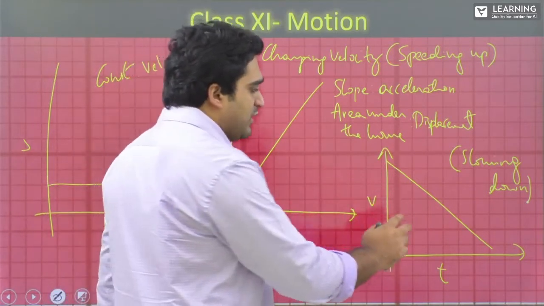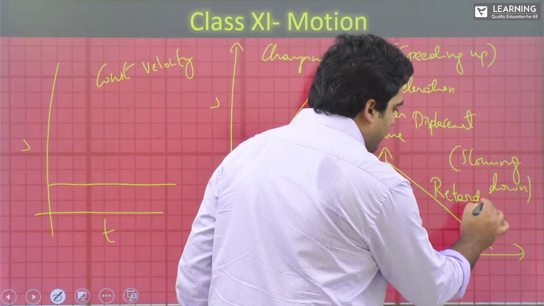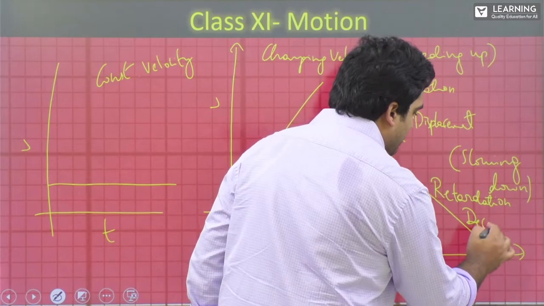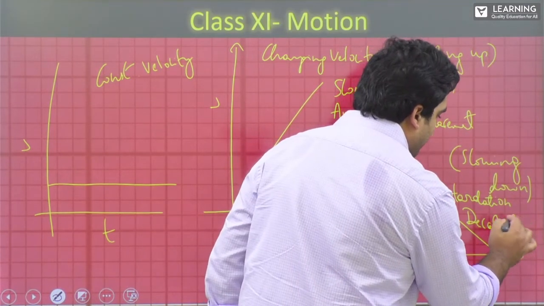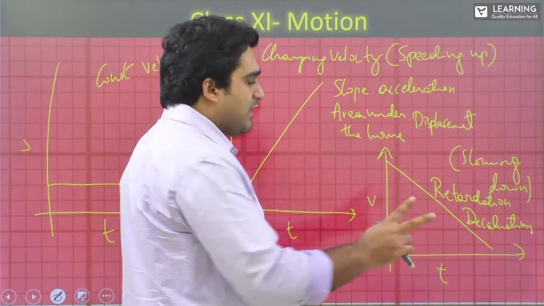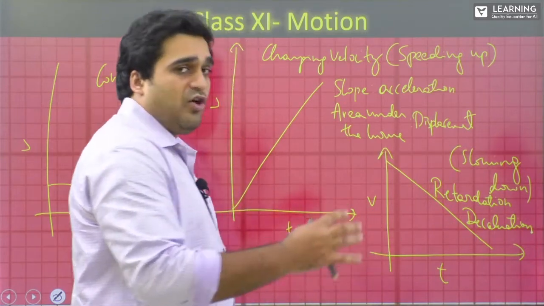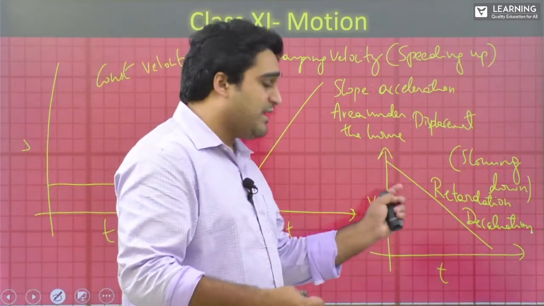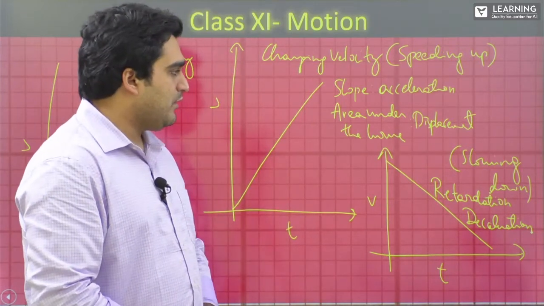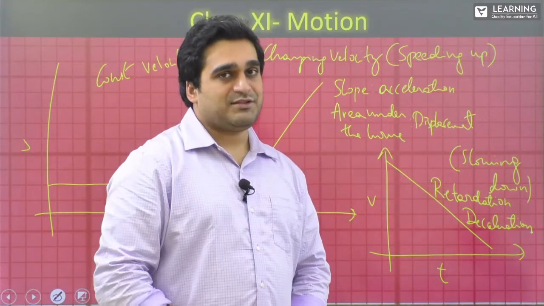These show that the object is slowing down, meaning its velocity is slowly decreasing. Area under the curve, even for this, still gives you displacement.